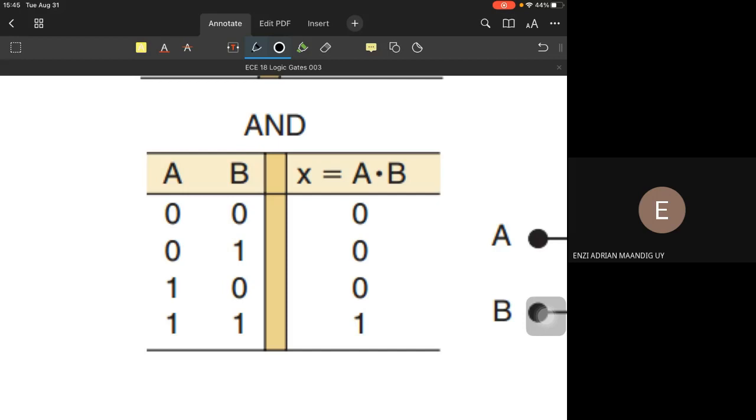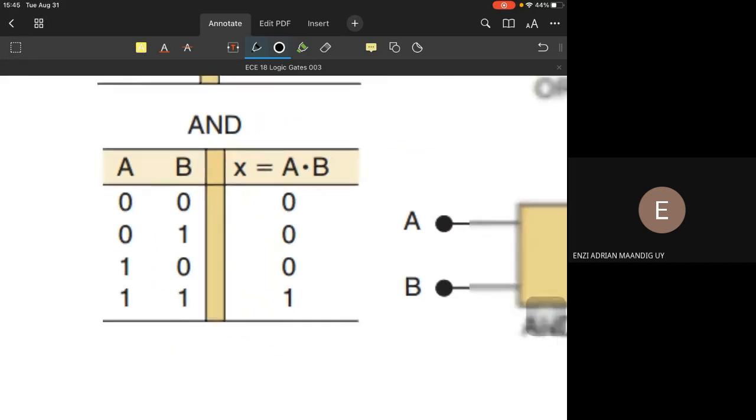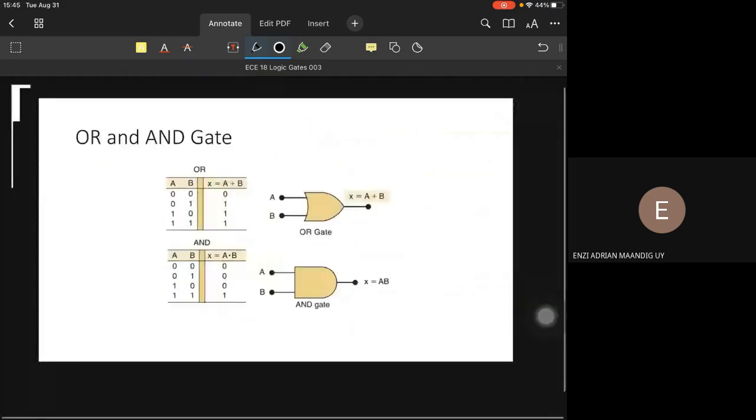Notice, when is X 1? Only when A and B are 1. If both A and B are 0, X is 0. If either A or B is 1, X is still 0. But X will only be on if both A and B are on. Alright? I think that's still understandable. This one is easier, no?